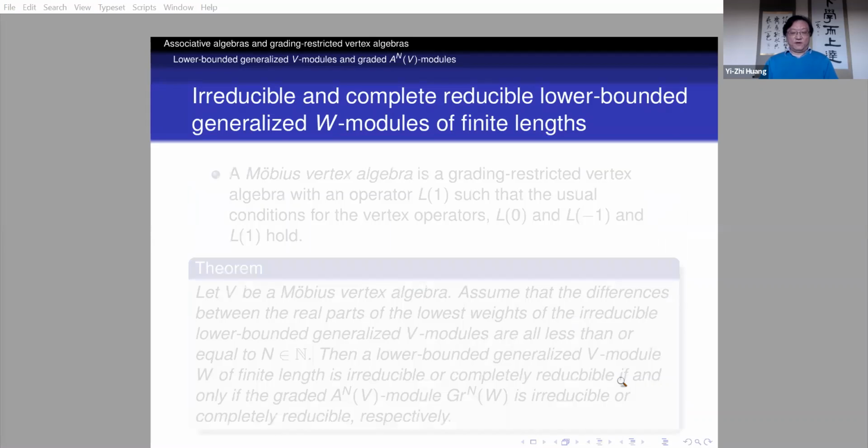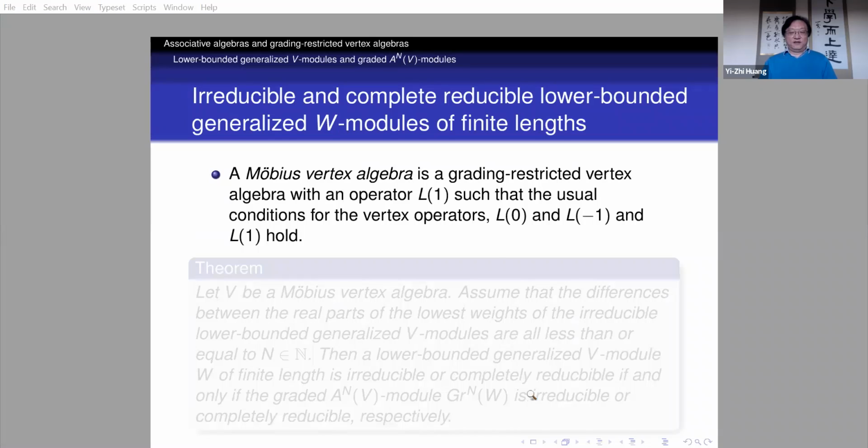Now we need some additional condition, mainly we need L_{+1}. When we introduced grading restricted vertex algebra, we only have L_{-1} and L_0. There's no L_{+1}. One thing about the grading restricted vertex algebra without L_{+1} is that the grading is mainly for the module.